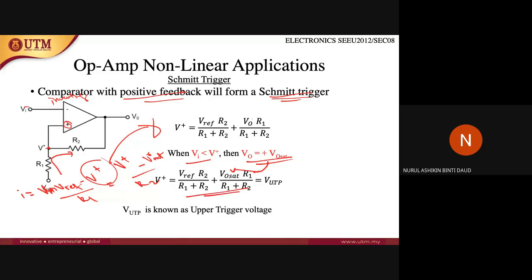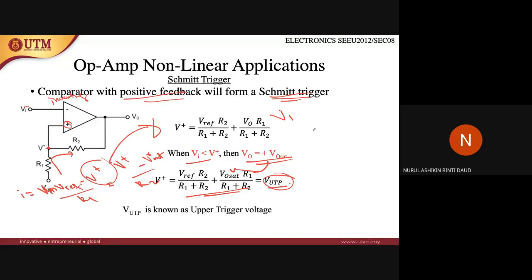So this value will be the upper trigger voltage, because this is for the inverting. For the inverting, if the signal VI is lesser than the reference V plus, then the output will become positive.